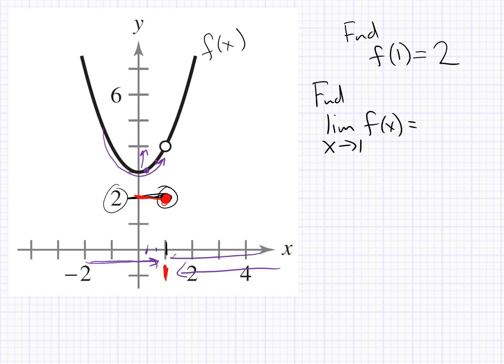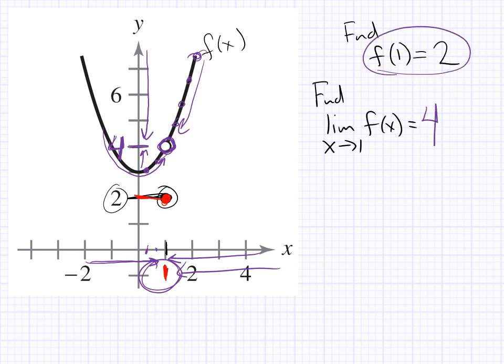As I move closer to 1 this direction, I'm on this point, this point, this point, this point, which is coming down this way, which means my y values are going down. And so the idea here is that as x is getting closer to 1, the y values are getting closer to the y value where this hole is located, which would be a y value of 4. And so if I said, what's the limit as x approaches 1 of this function, the answer is 4.